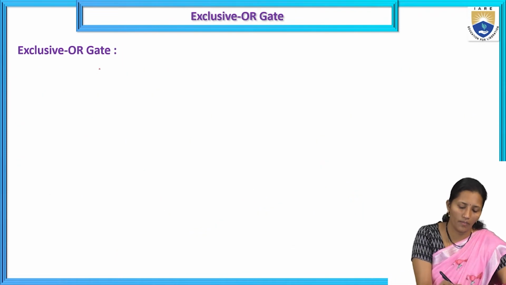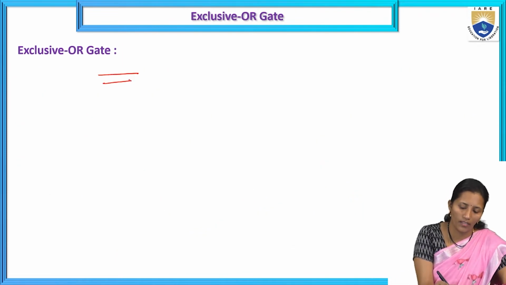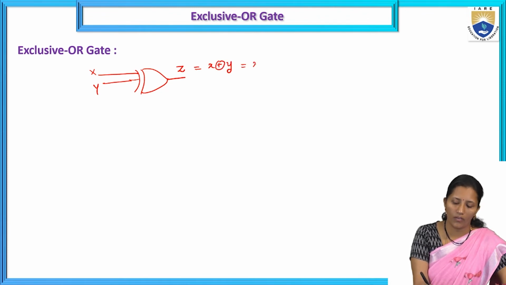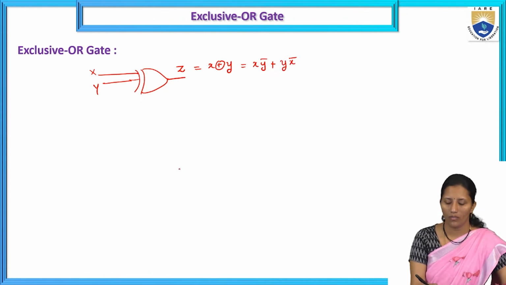Suppose I am taking X and Y as inputs to the exclusive OR gate and Z as output. We can write this as X XOR Y, which is equal to X Y bar plus Y X bar. We have to realize this using gates.